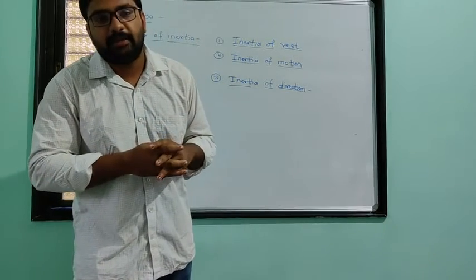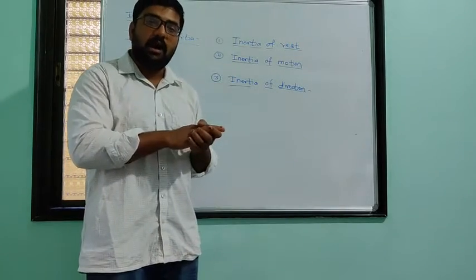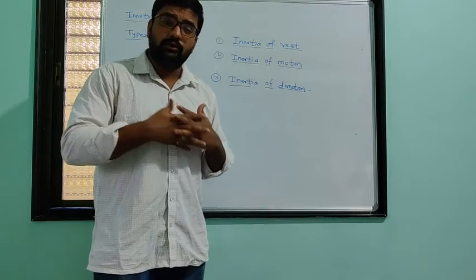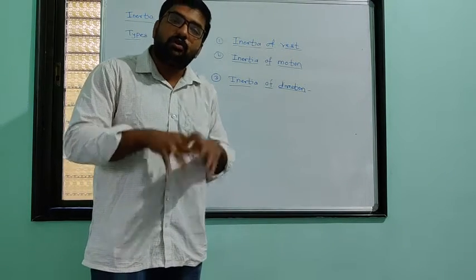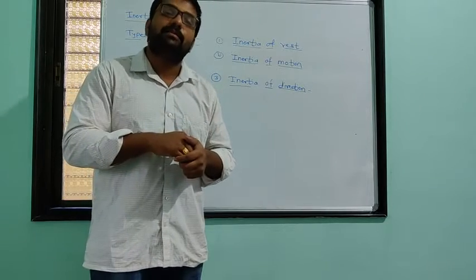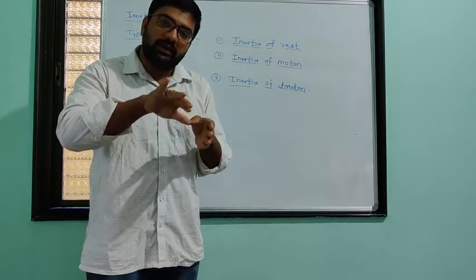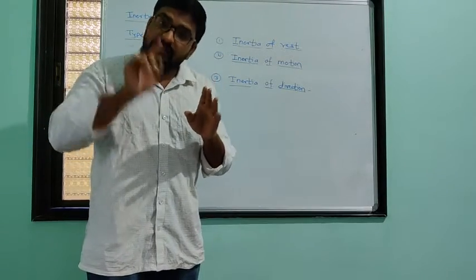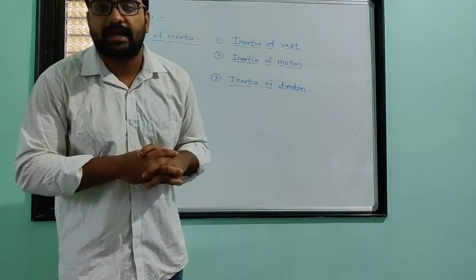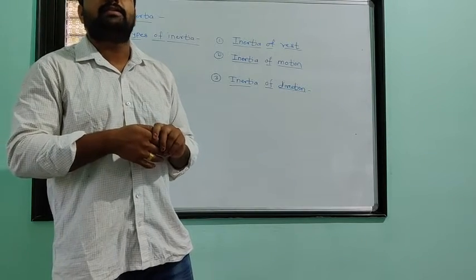One example is that when the bus initially moves in the forward direction, our body moves in the backward direction, because due to inertia we try to attain our steady state. We sit in a bus, the bus is in motion, and our body tries to remain in its original steady state. That is why we move backward. So this is called inertia of rest.